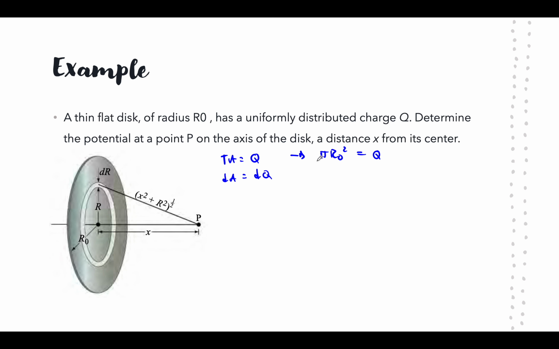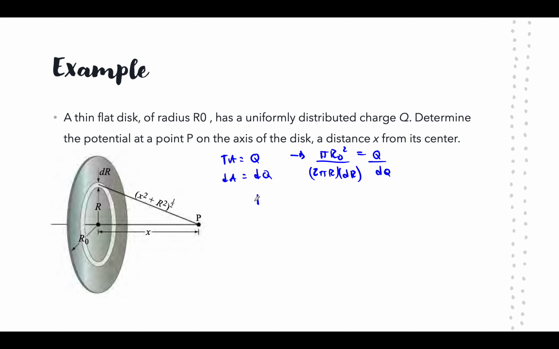And the area differential, this little ring right here, is going to be equal to the circumference times the width of the ring. So this is going to be equal to 2 pi r times the width dr, and this is going to have a charge differential dq.